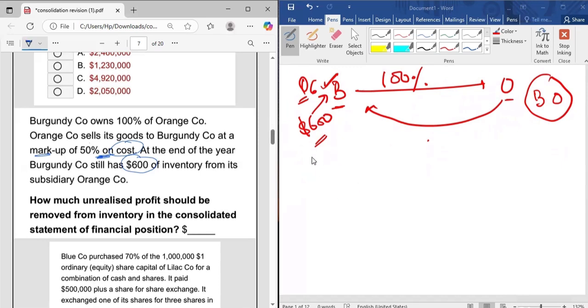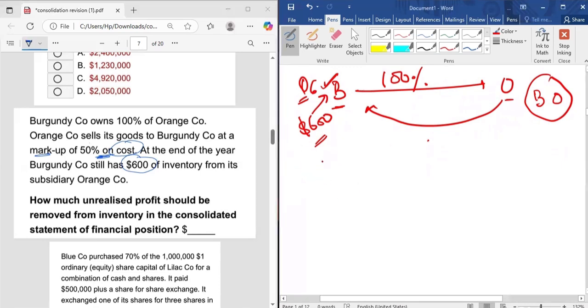So let us assume that the cost is X. Okay, to this X, they have added a markup of 50%. To this cost, they have added 50% of cost to arrive at the selling price.